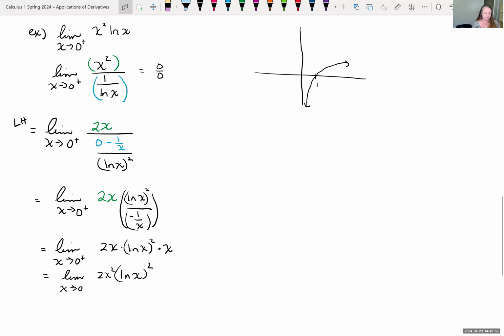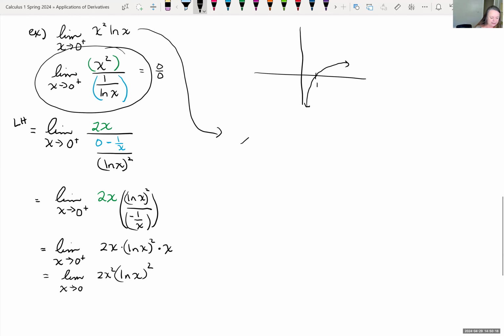So I'm guessing that I probably chose the wrong things. I chose it the wrong way. Let's look at it the opposite way. Instead of writing it like this, let's try writing it like this. So the limit as x is going to 0 of the natural log of x all over 1 over x squared.